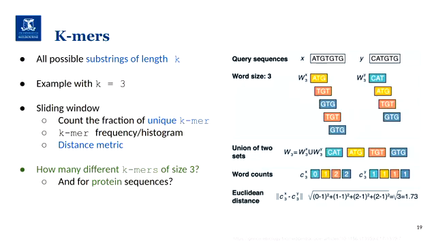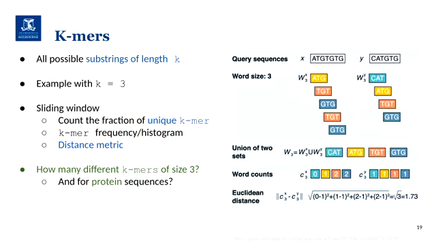And for protein sequences, how many different k-mers of size 3 do we have when we consider a protein sequence? 20 to the third? Yeah. Which is 400 times 20. Yeah, 8,000 or something like that. So if you consider all possible ones, and you only have 2 sequences and a k-mer of size 3, you're going to have a very, very sparse vector.